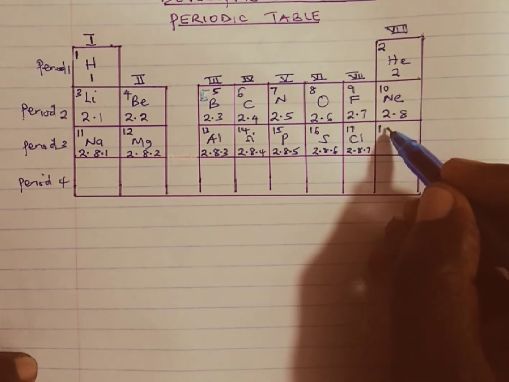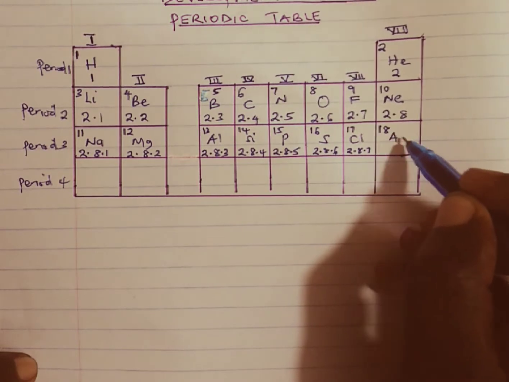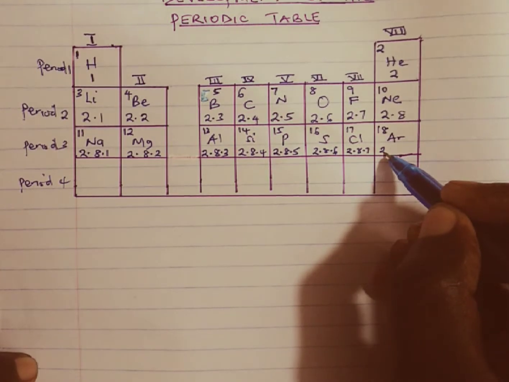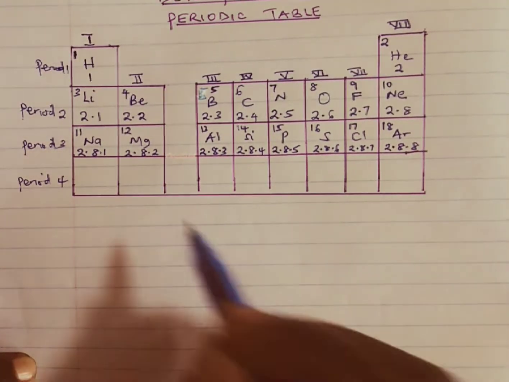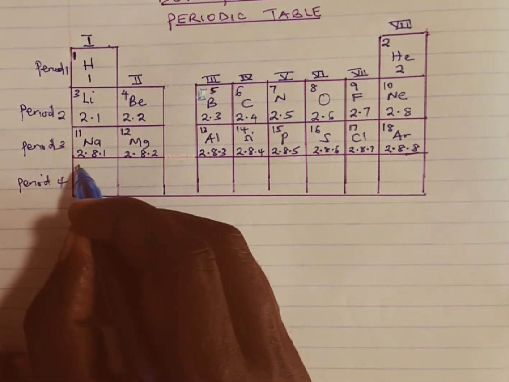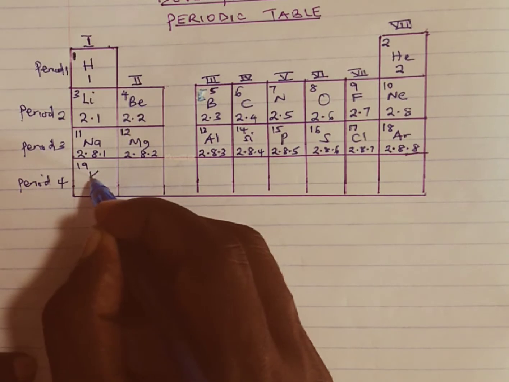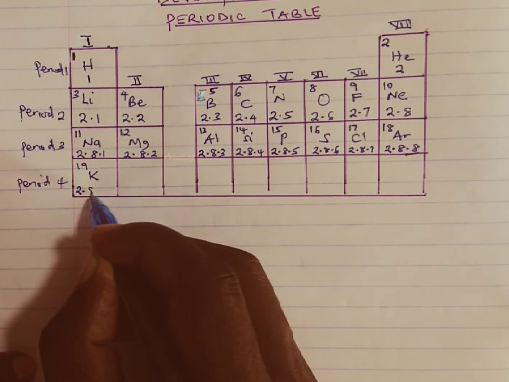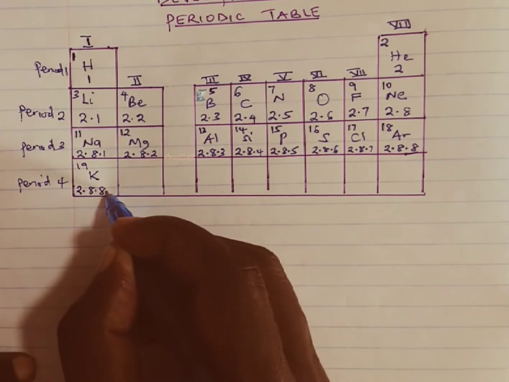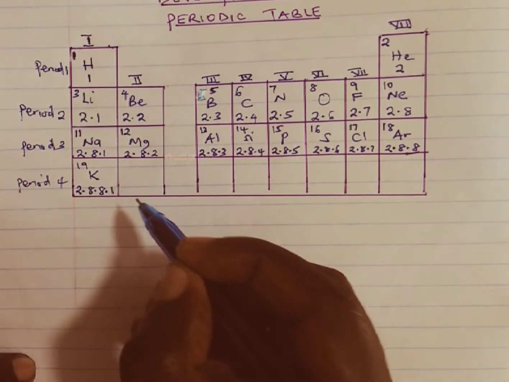Then number 18, which is argon with an electron arrangement of 2, 8, 8. Then we have number 19, which is potassium with an electron arrangement of 2, 8, 8, 1.